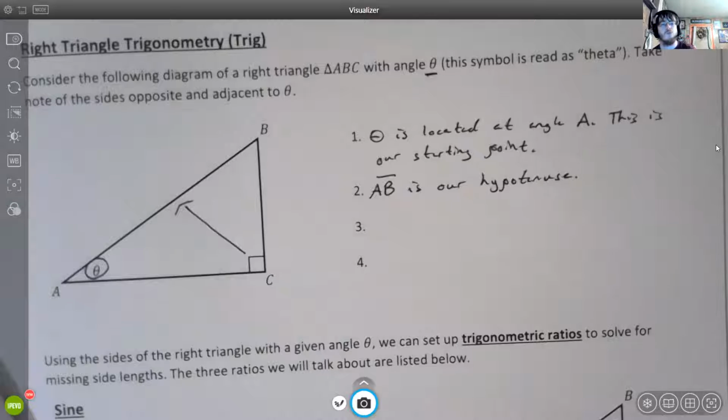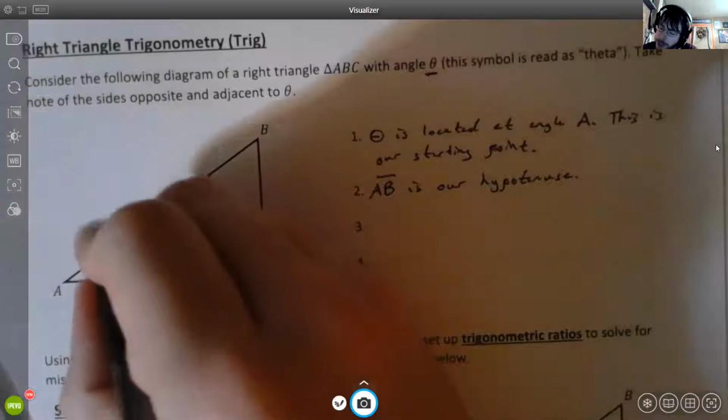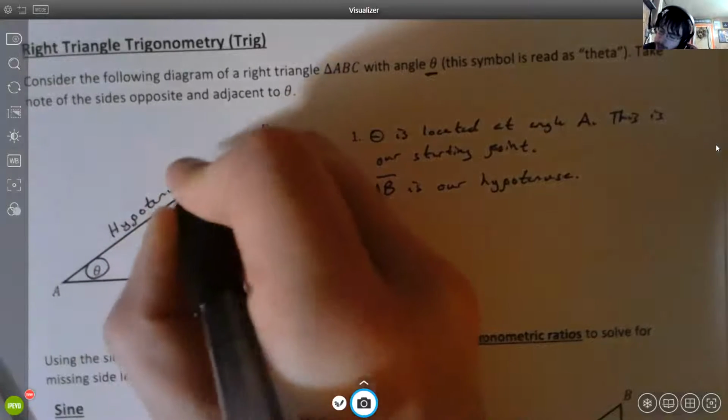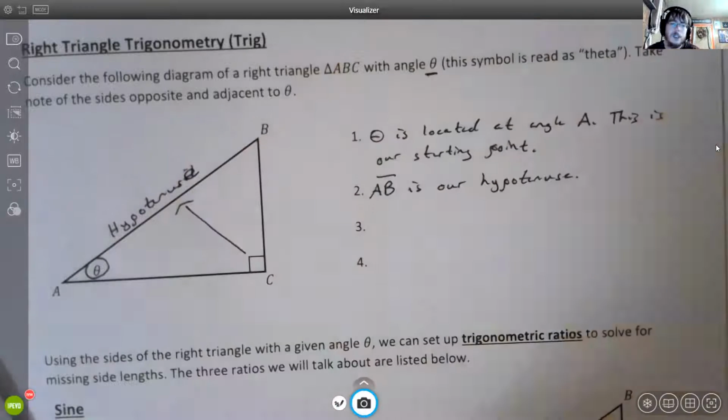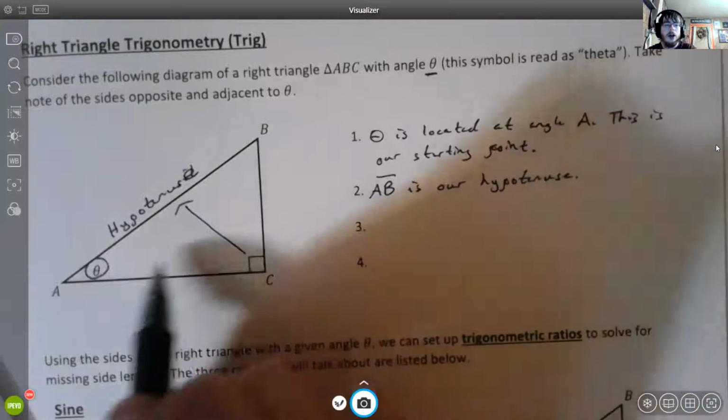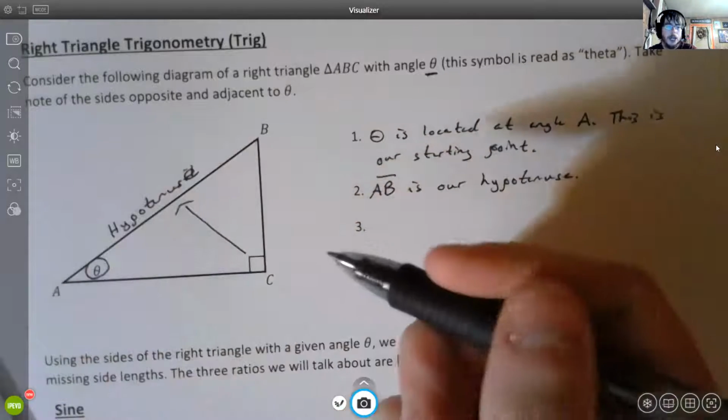All right. Now we're going to look at our side that's opposite theta. Well, similar to how we just drew an arrow here, our theta, which side would be opposite of theta?